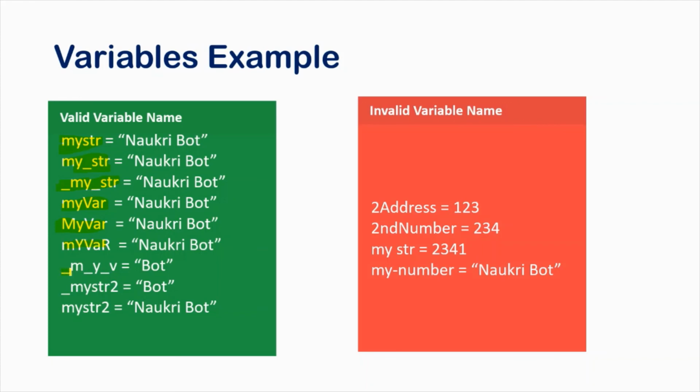Started with underscore, it's correct. This is also correct, we already discussed it. And this one started with a small m and ends with a number. This is also correct. But in the invalid variable names, we already discussed this: a variable name will not start with a number, like 2. A variable name will not contain any space in between. A variable name will not contain any type of symbol except underscore. So this also meets our requirement, and it tells us that this is not a valid variable name.